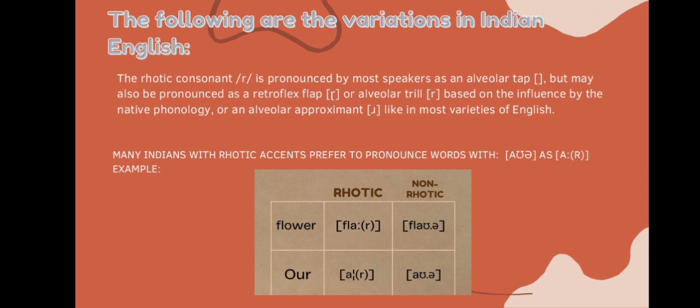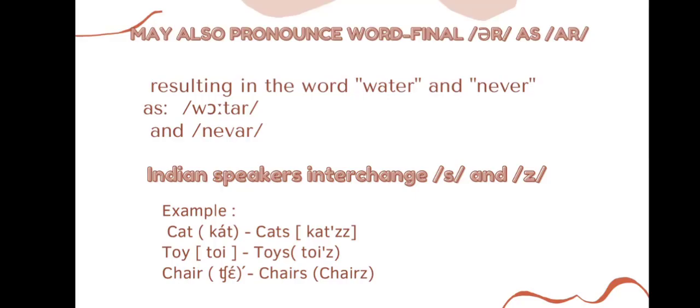Many Indians with rhotic accents prefer to pronounce words with awe as R. Example, flower, which in rhotic is pronounced as flour, non-rhotic pronounced as flower. May also pronounce word final er as r, resulting in the word water and never as watar.